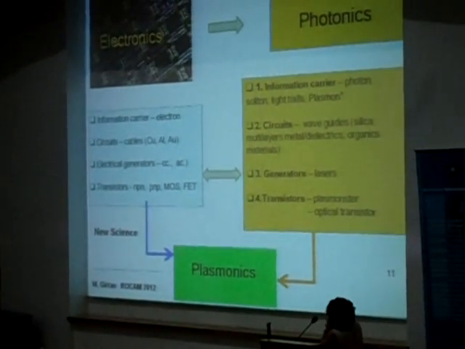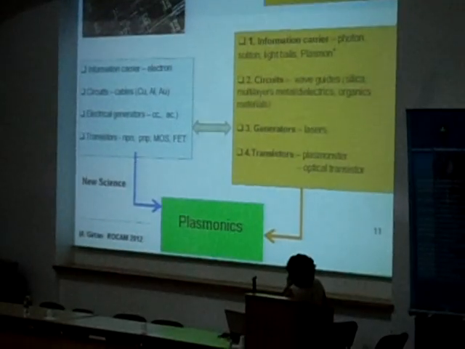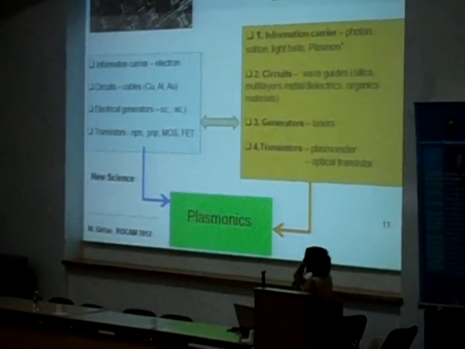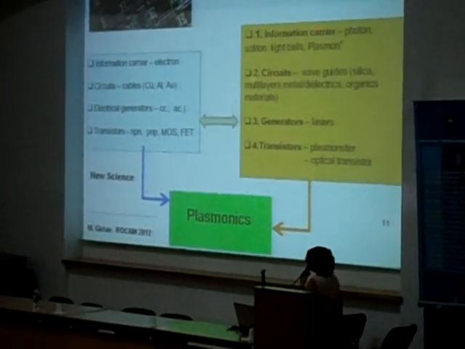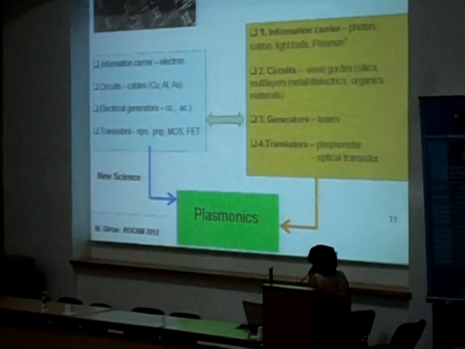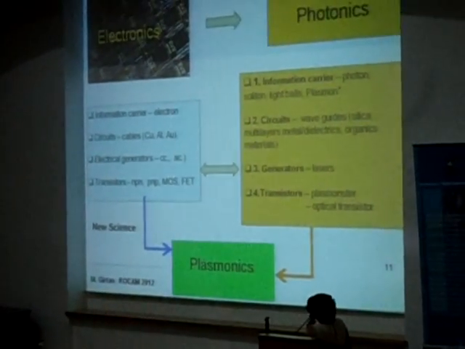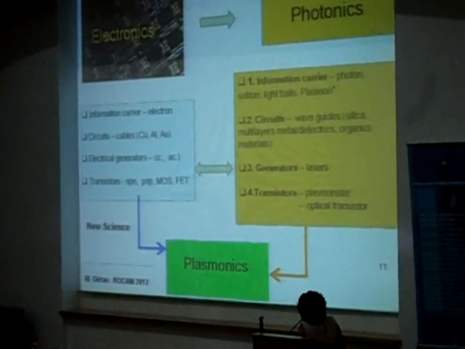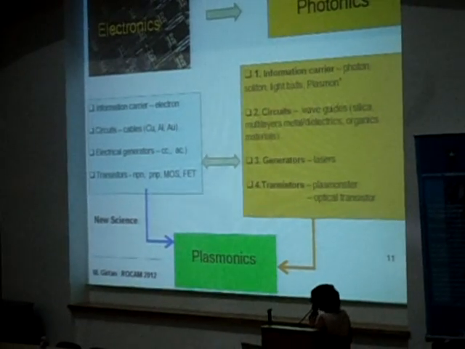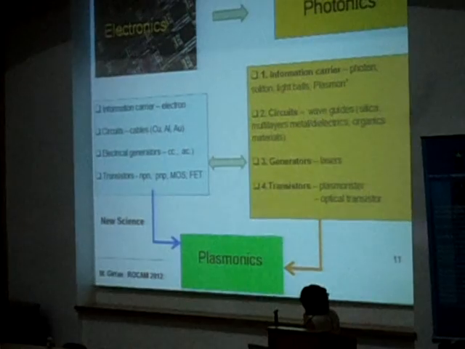So for the information carrier, in electronics we have the electron. In photonics we can have photons, solitons, light bullets, or plasmons. For circuits in electronics, we have cables, which are generally metal, and in photonics, we can create waveguides, which are generally silica, multilayer metal, dielectric waveguides, or organic materials waveguides.